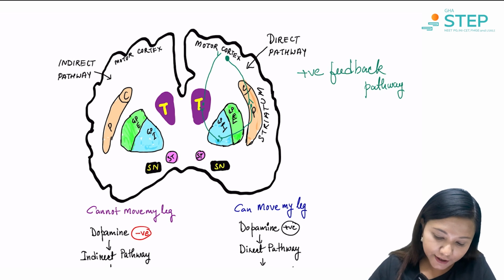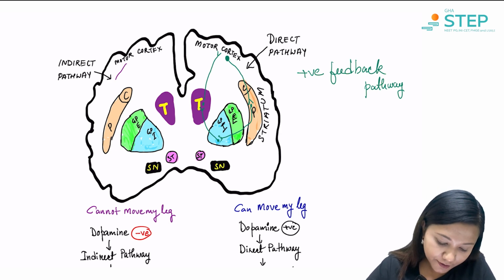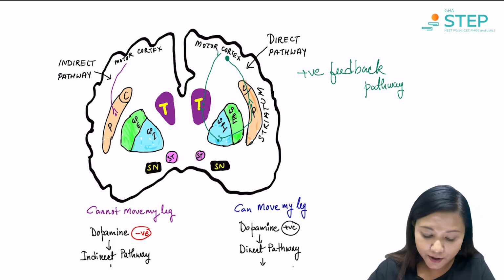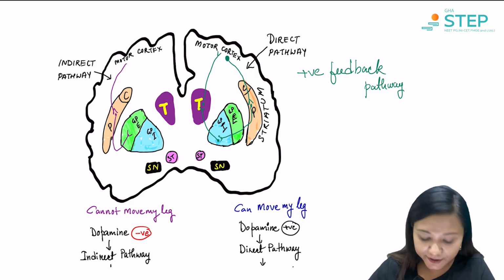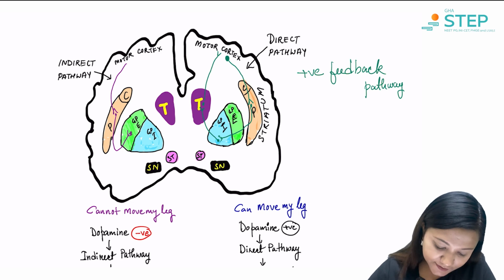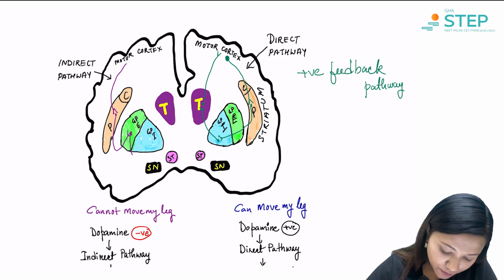Now what about the indirect pathway? What happens? The motor cortex again sends a signal to the corpus striatum. From the corpus striatum, the signal goes to the globus pallidus externa, not interna but externa, and from externa the signal goes to the subthalamic nuclei.